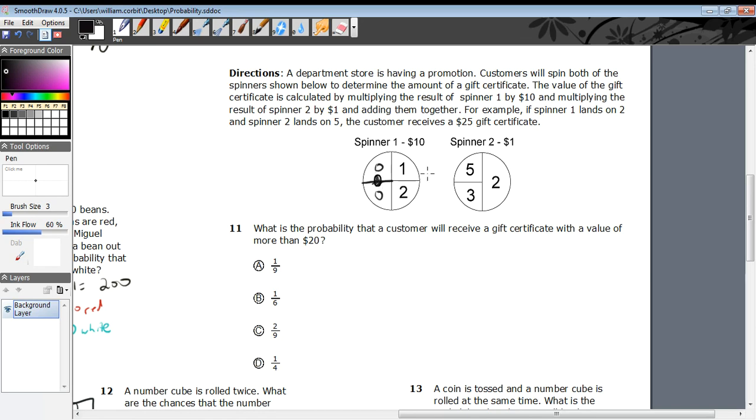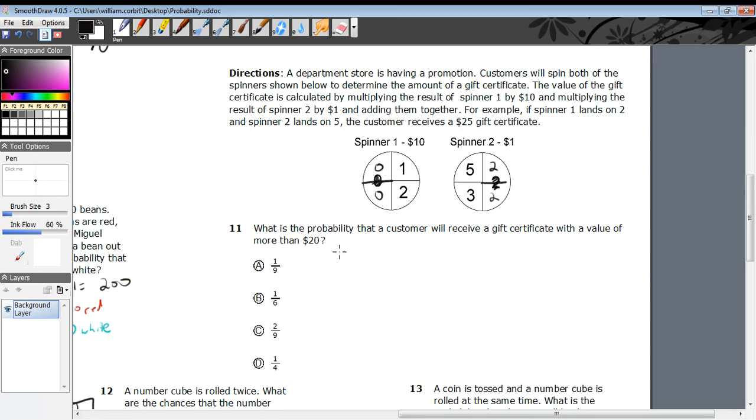Same thing here, 2 and a 2. The reason why I did that is because this here has 1/2 of the chance to get it. Now, since I've divided it into fourths, every single number has the same chance of getting it.